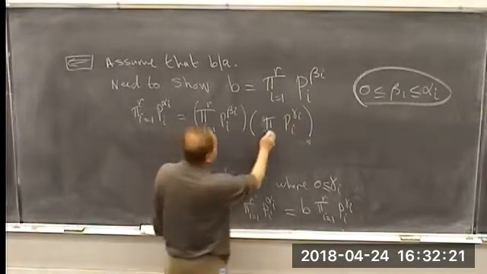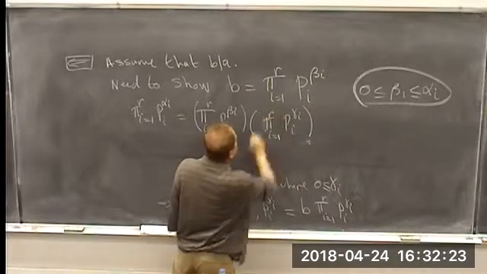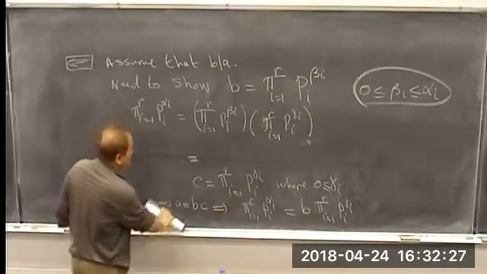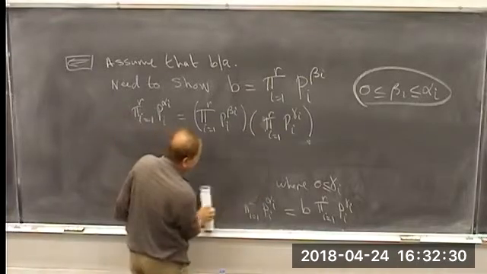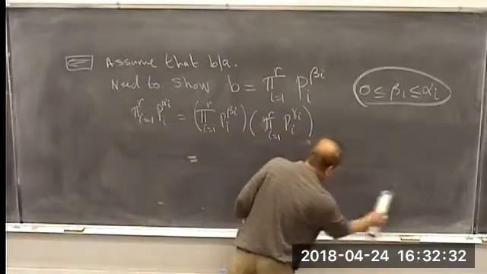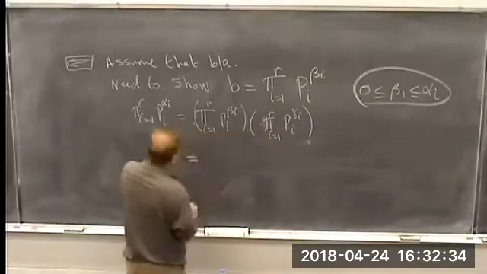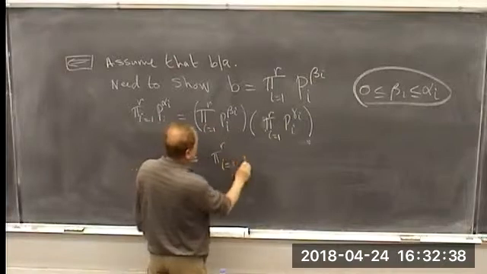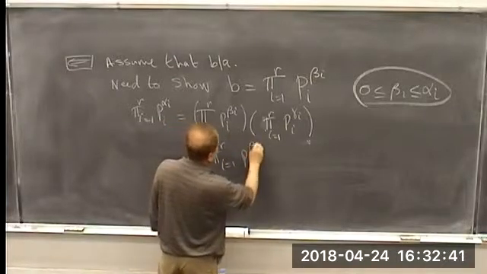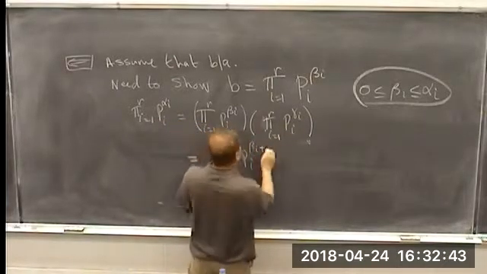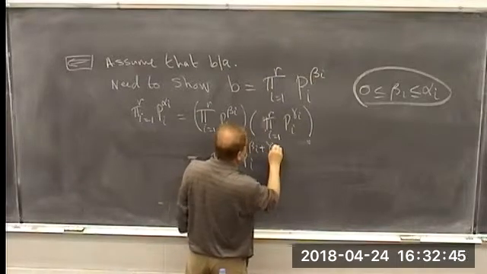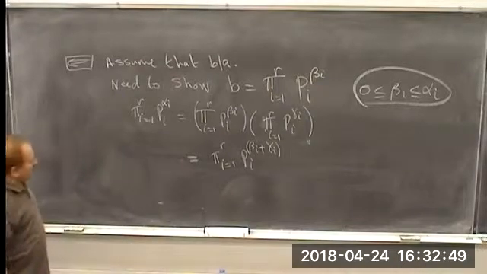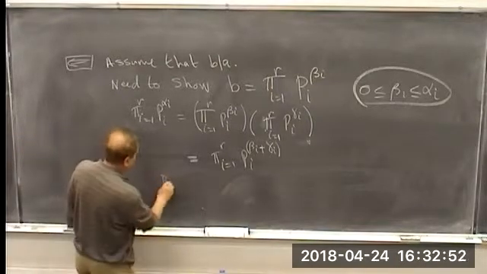Again, we're going to combine these into one product. And then again, we're going to be using the uniqueness of the prime factorization. So this is the product for i equal 1 up to r of p_i to the beta i plus gamma i. I want to put them into one and combine the exponent.